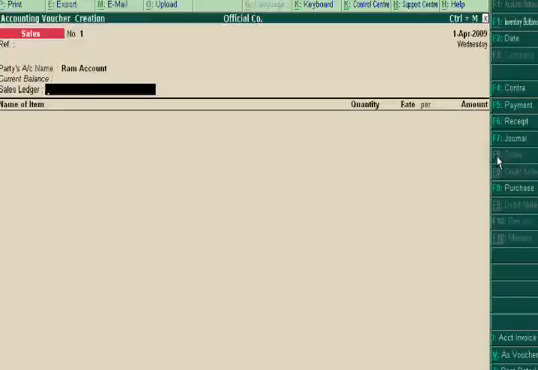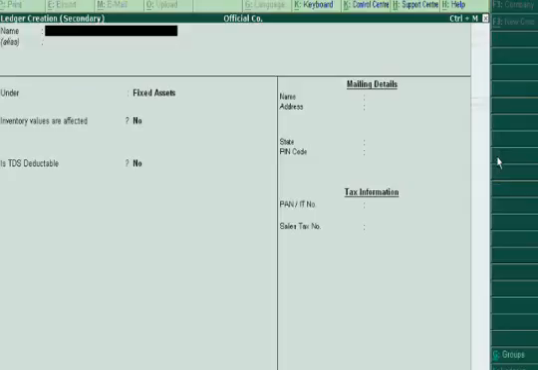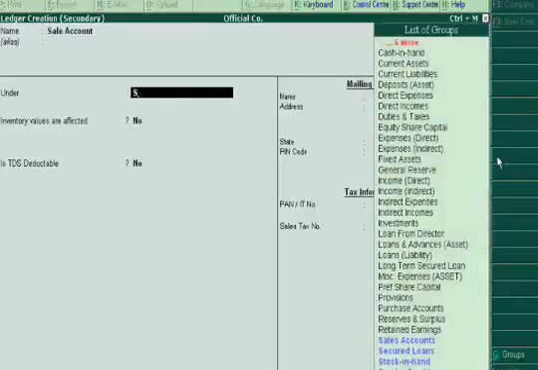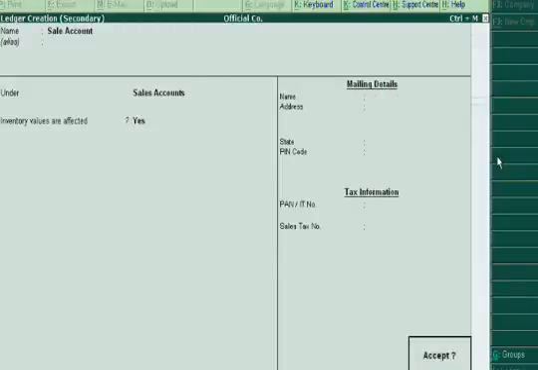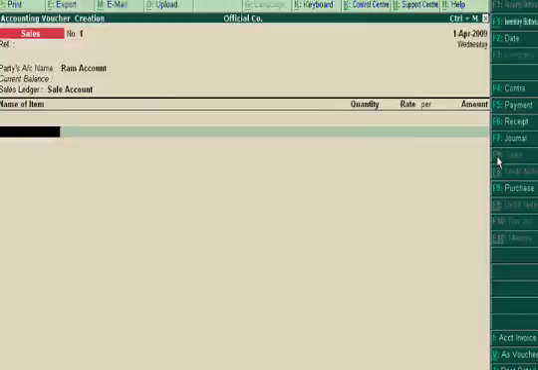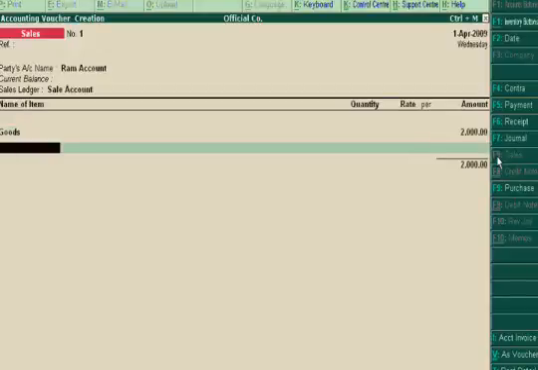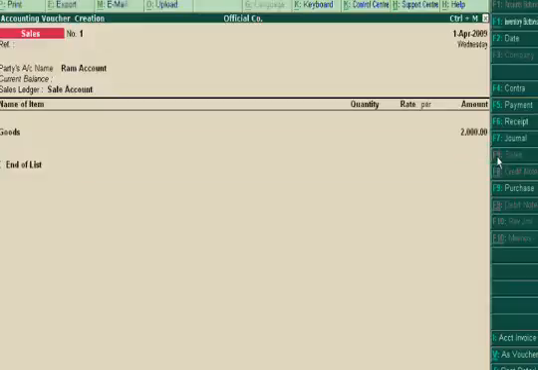Sale, there is no sale ledger, so we have to create it by pressing Alt plus C. Sale account, under sale account, yes, accept it. Goods, same goods, if we sell for 2000, we will show it, accept it.